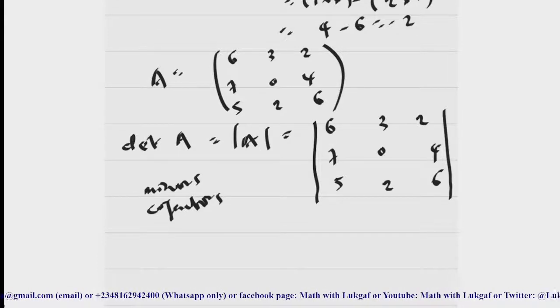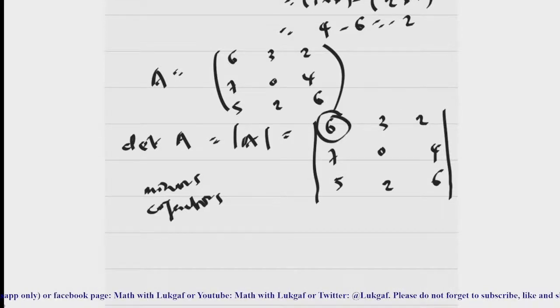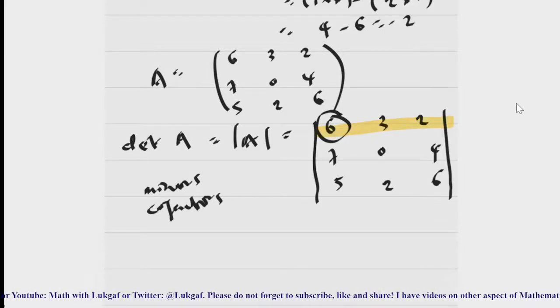What I'm trying to say in essence is that if I want to know the minor of 6, recall this is my element 6, then the minor of element 6 can be obtained by clearing the row where you can find 6, as well as the column.